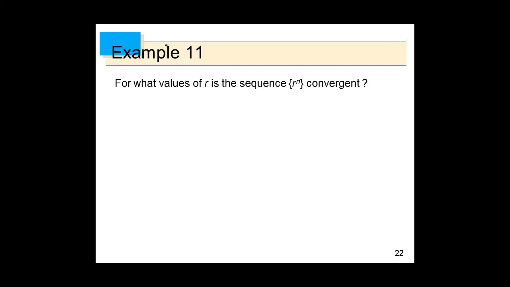For example, if r is 1, it is obviously convergent because all the terms are 1. It's 1 to the 1, 1 to the 2, right? All the terms are 1 if r is 1. So when r is 1, it's convergent. So I want to know for what values of r is this sequence convergent. Okay?